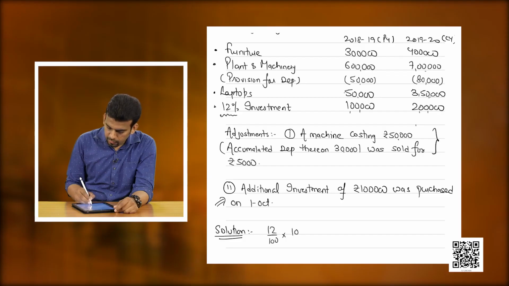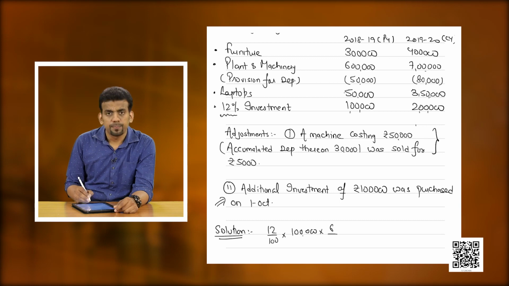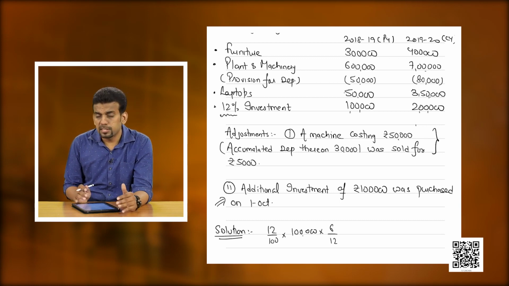That means interest is going to be a bit problematic. Let's see, 12% of 1 lakh for 6 months. As the adjustment is saying, the additional investment was made on 1st October. That means rupees 1 lakh investment was in the business for 6 months.